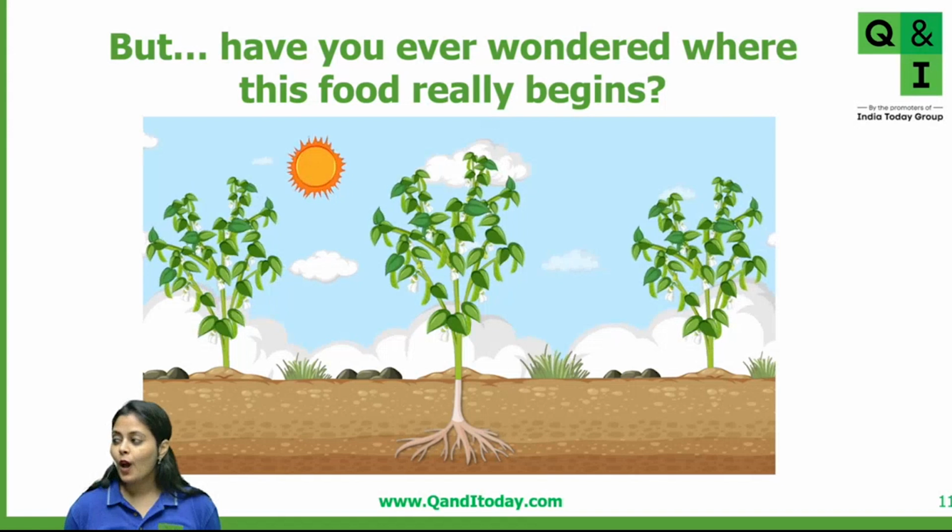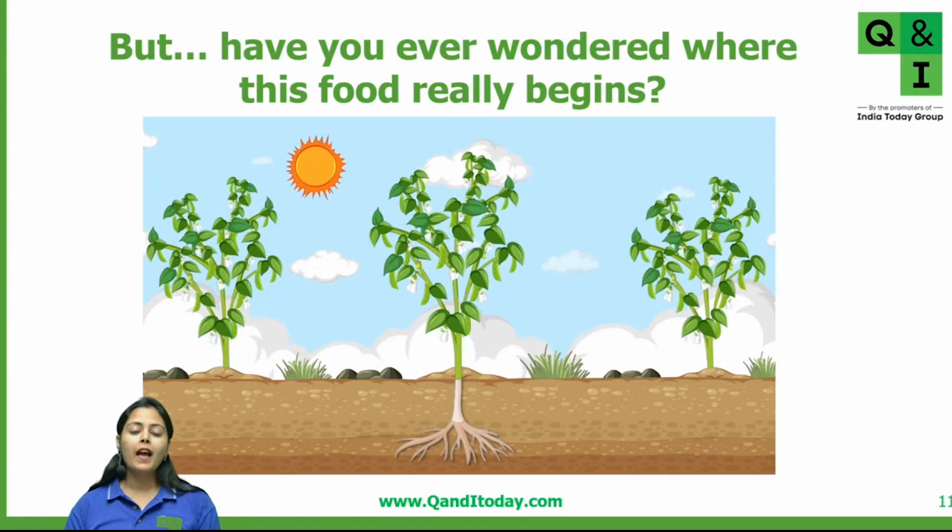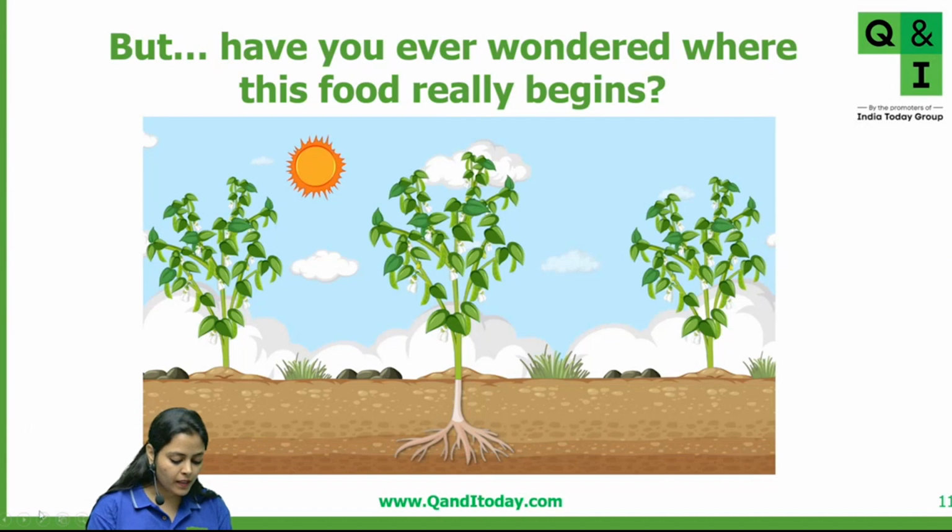Okay. So now students, if you have traveled through this video, then you can say that for any plant, the origin always occurs from where? The origin of all plants occurs from seed. Can I say this or not? That the origin of all plants occurs from seed.